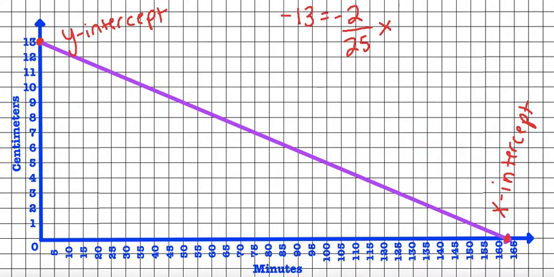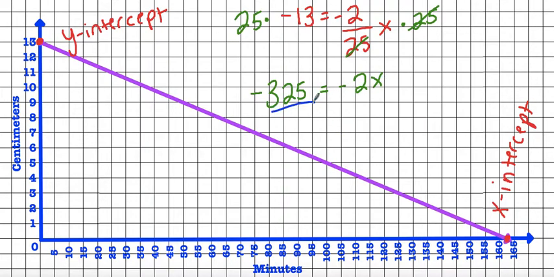And so you could either multiply by the reciprocal, or first you can multiply by 25 on both sides, which might be easier. So 25 times negative 13 is negative 325 is equal to negative 2x.